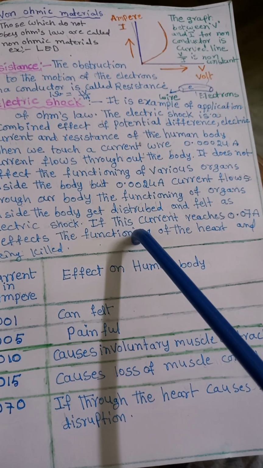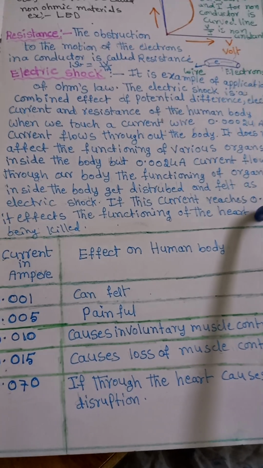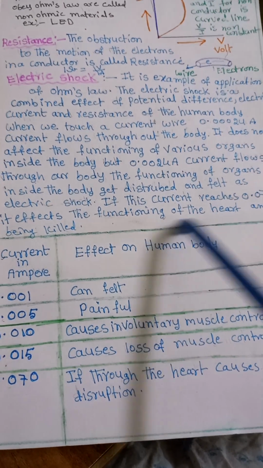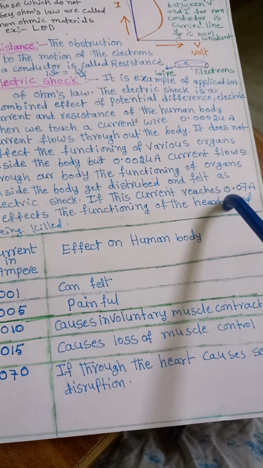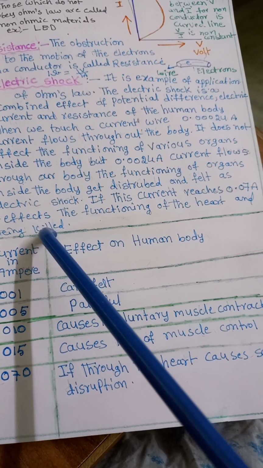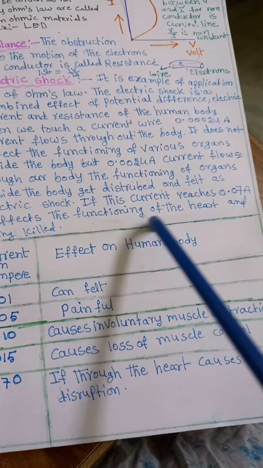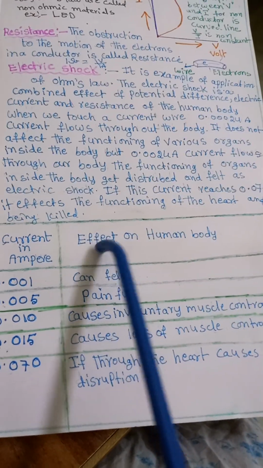If this current reaches 0.07 ampere, it affects the functioning of the heart and can even kill. So as more and more current passes through the human body, it affects the heart and can cause death.